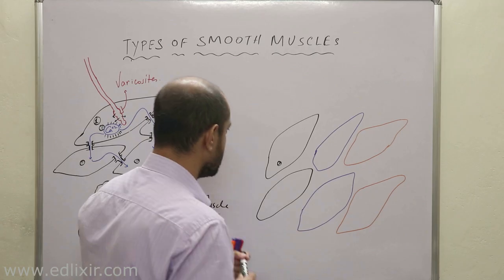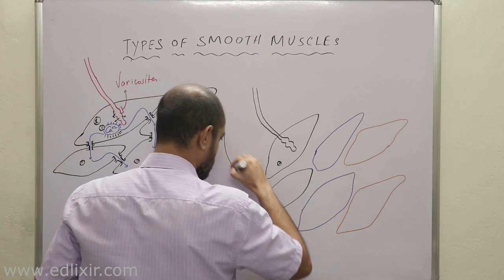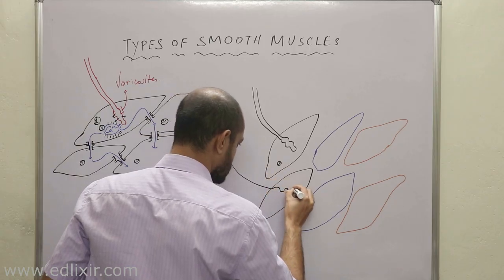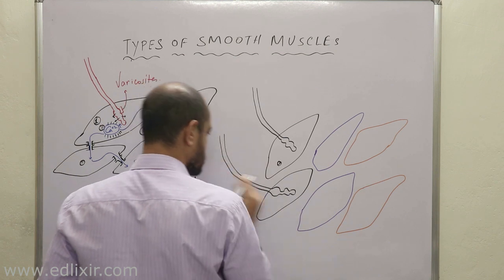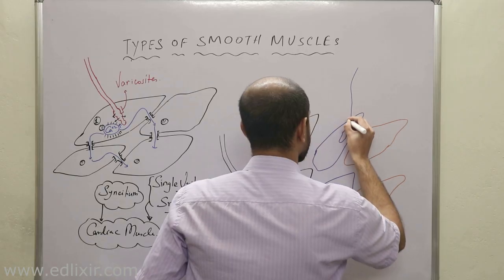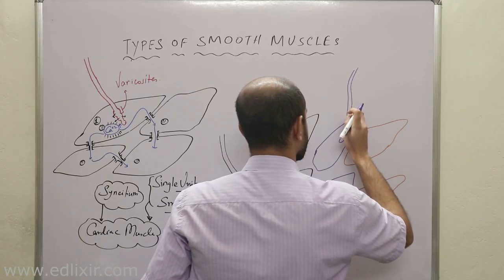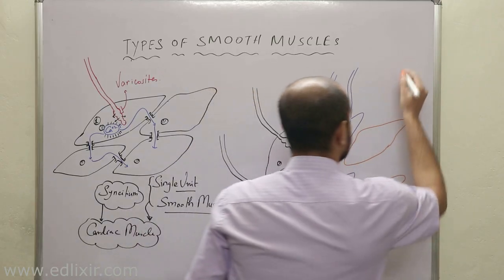What happens in this case is that every cell receives individual fibers, or it may happen like this.